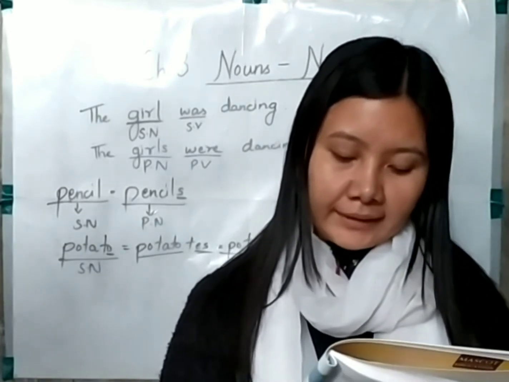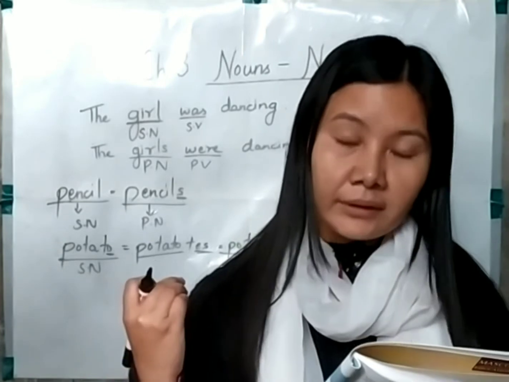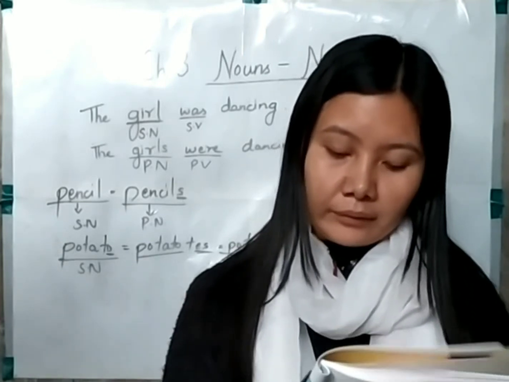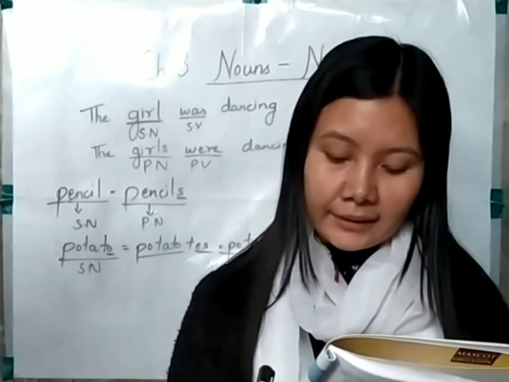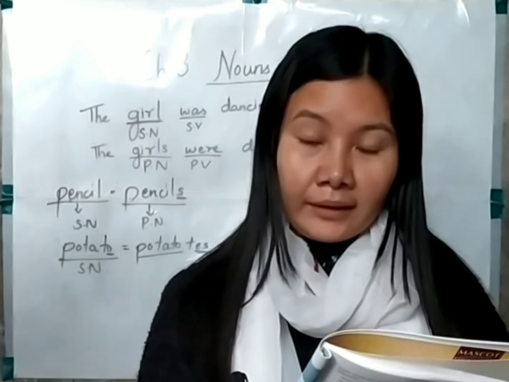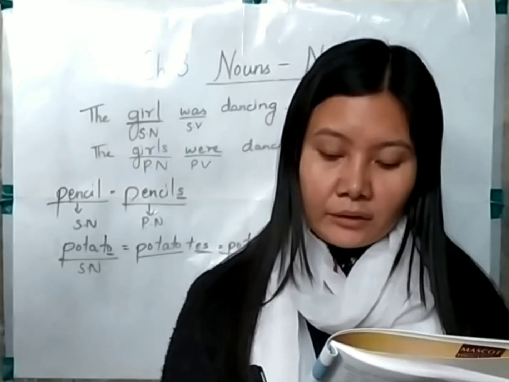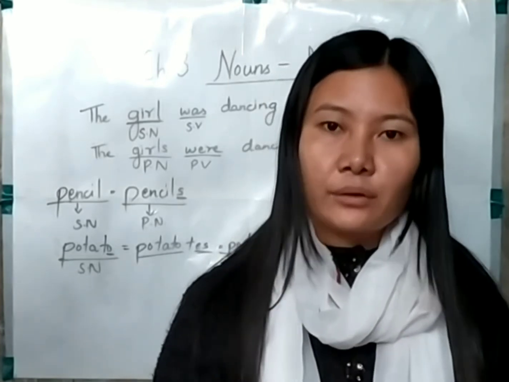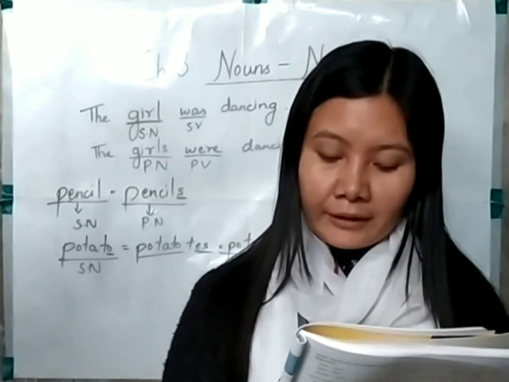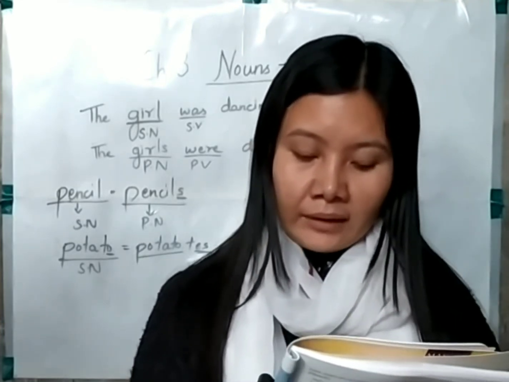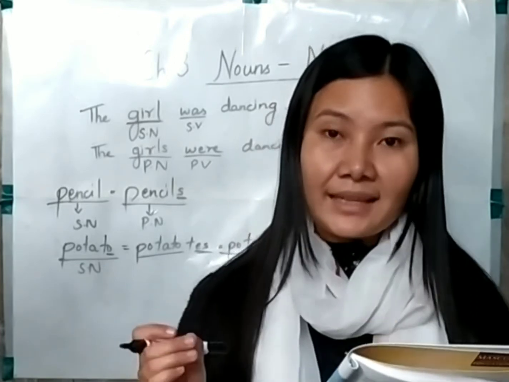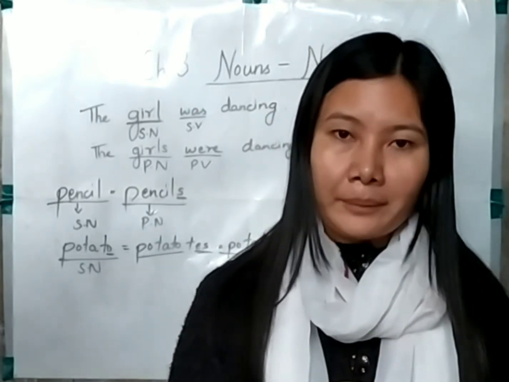If the singular noun ends in double s, like in the example class, we add es in order to form its plural. Similarly, if the singular noun ends with sh, then we form its plural by adding es.